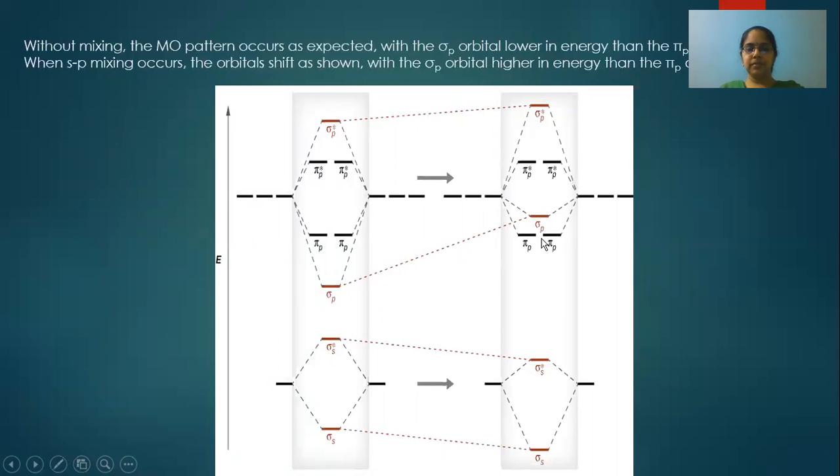After sigma star 2s, the molecular orbitals which are lower in energy are pi 2px and pi 2py, then sigma 2pz. If you observe here, the change in energy is mainly among these two. So that is the energy order of the molecular orbitals in the molecules with sp mixing and without sp mixing.